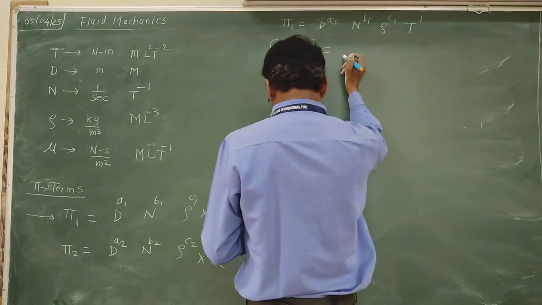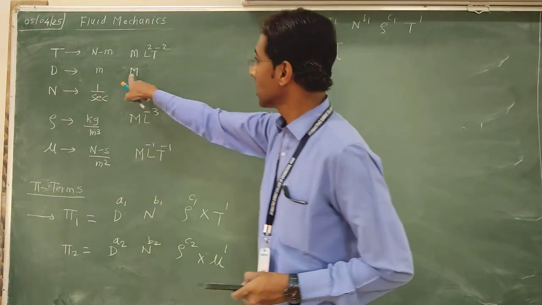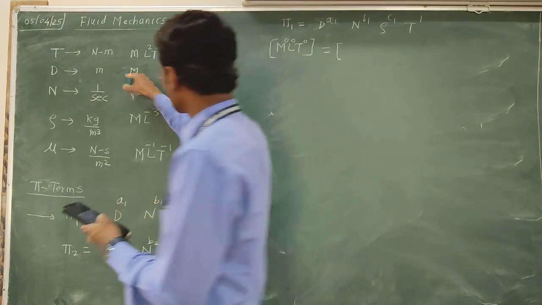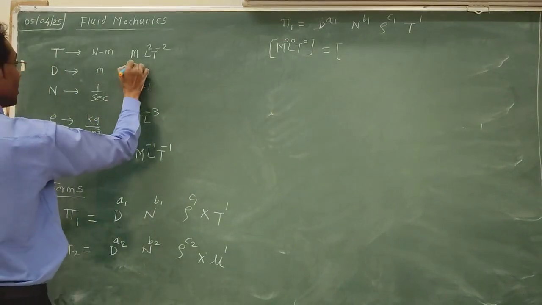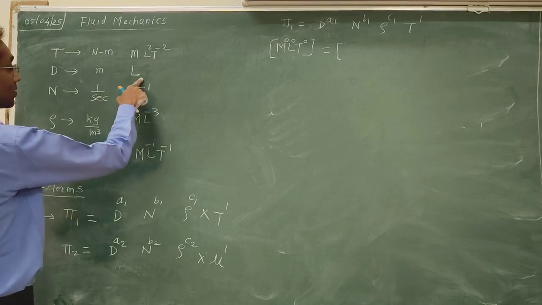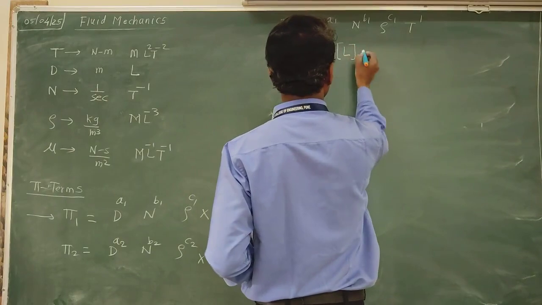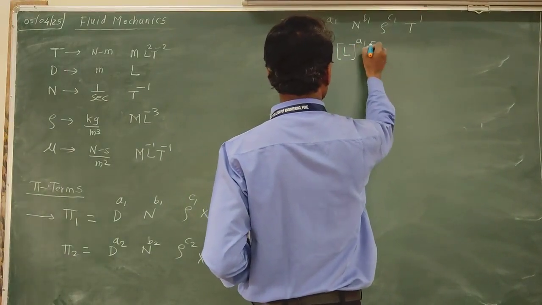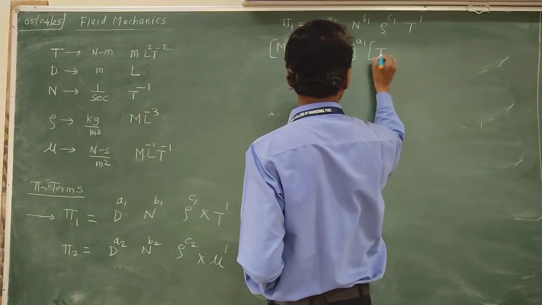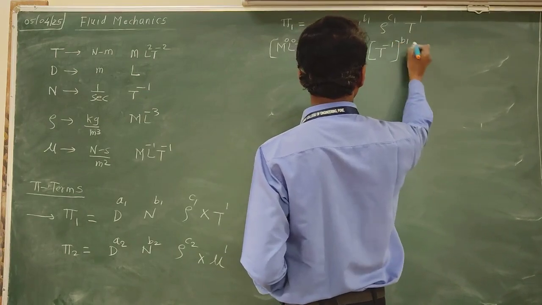Here at D, we have to write its form. D is what? Its form is not M actually, its form is L. It is a length, not mass, sorry for that. So L raised to a1. Speed, this is the form, T raised to minus 1, with exponent b1.